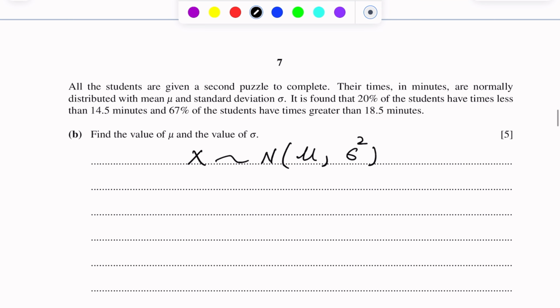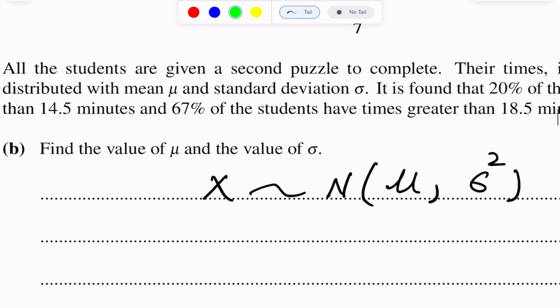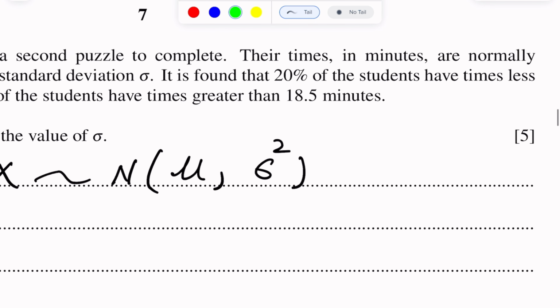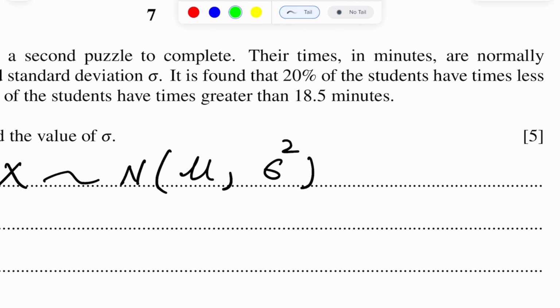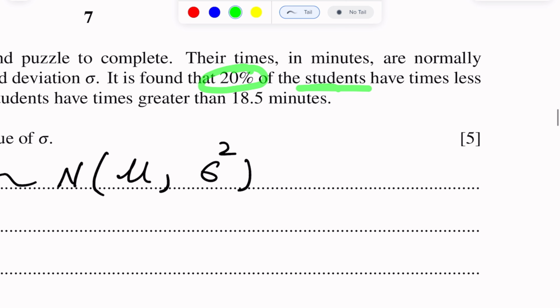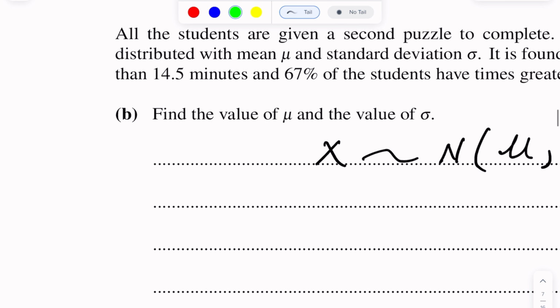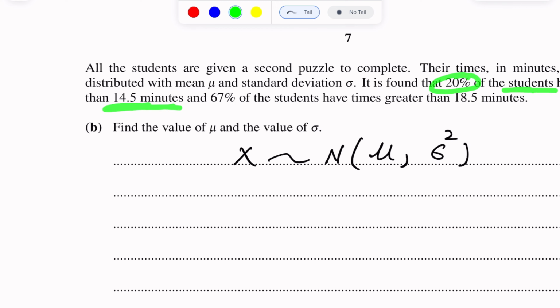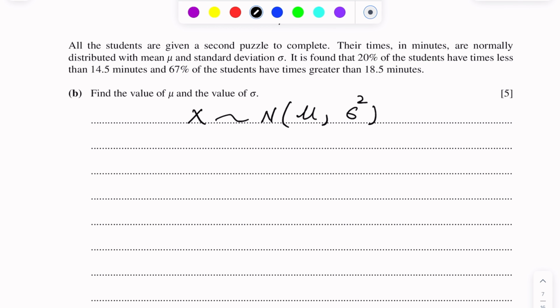Now it is given that 20% of the students have times less than 14.5 minutes. So we can write probability of X less than 14.5 is equal to 20%, meaning 0.20. Let's say this is equation number 1 for reference.